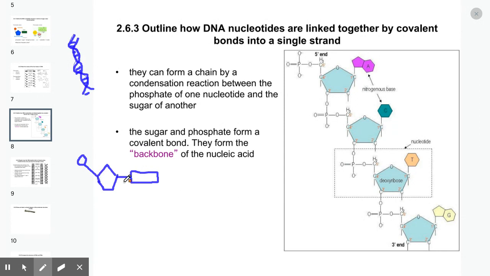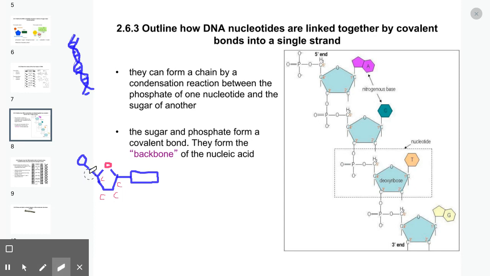Now, one of the things you need to remember is, when we were talking about the structure of ribose, if we looked at these individual atoms, at the top here there was an oxygen. And at each one of these corners we have a carbon, and there's another carbon located right here.